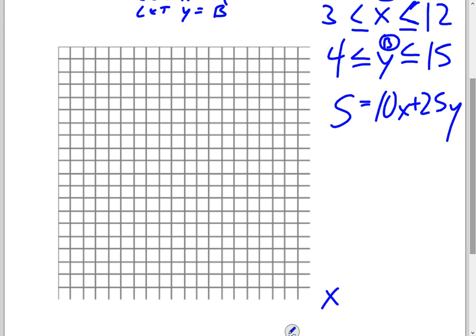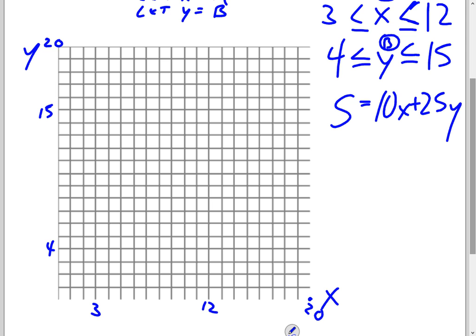So I have X here, I have Y here. 3 and 12. 3, 4, 5, 6, 7, 8, 9, 10, 11, 12, 13, 14, 15, 16, 17, 18, 19. So 20 would have been right at the end. Then 4 and 15. 1, 2, 3, 4, 5, 6, 7, 8, 9, 10, 11, 12, 13, 14, 15.